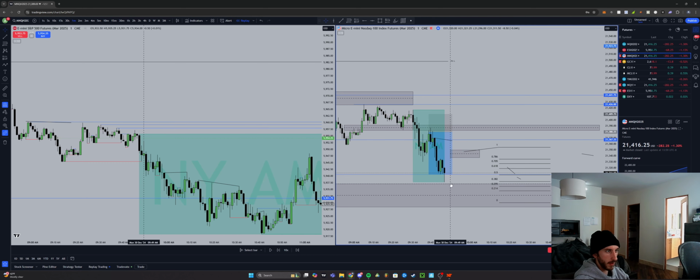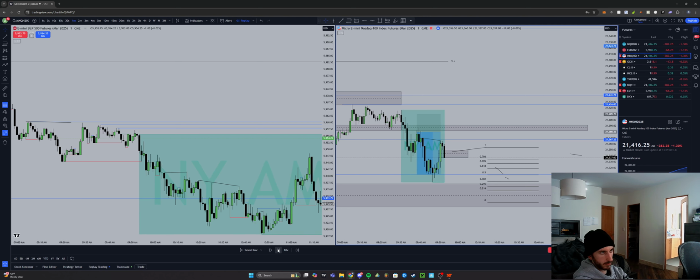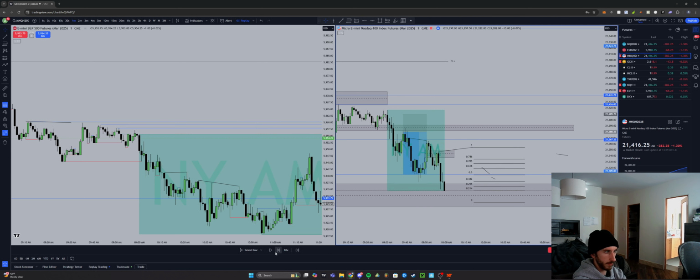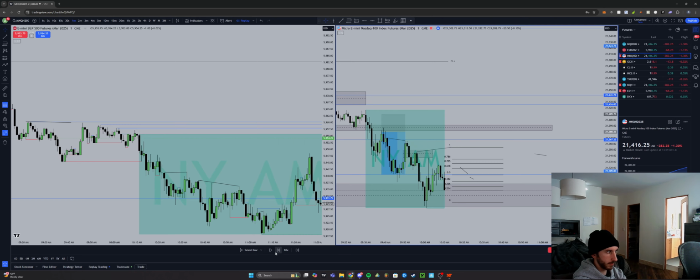I could have put my limit at the breaker here, but I would have had to endure a slight bit of opposing direction here, but that's fine because ultimately we did create another SMT inversion, clear draw lower, obviously ends up working, and yeah, that was pretty much that.